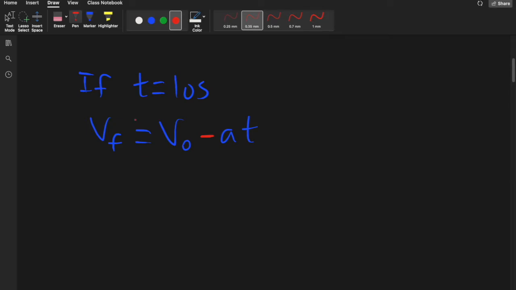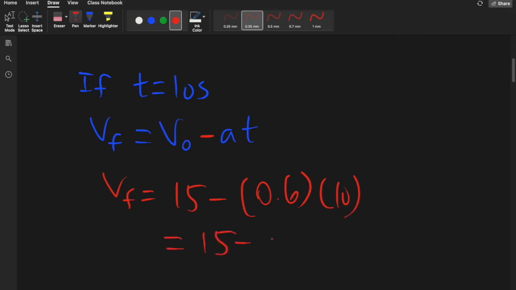So if time is equal to 10 seconds, then the final velocity will be 15 minus 0.6 times 10, which is equal to 15 minus 6. So it is equal to 9 meters per second.